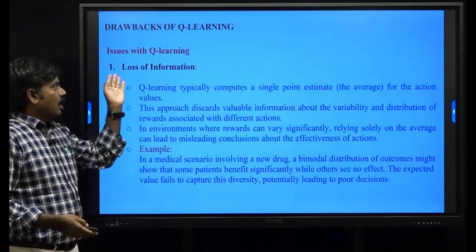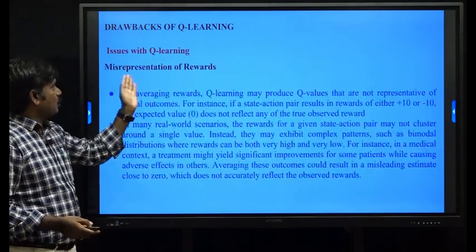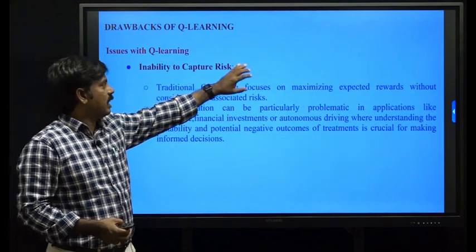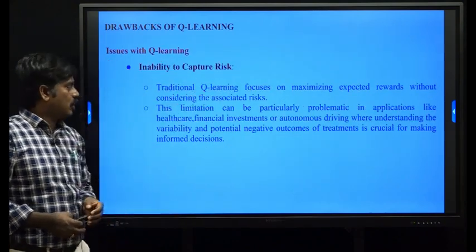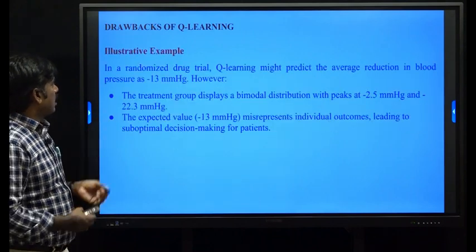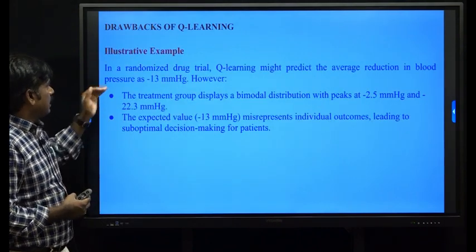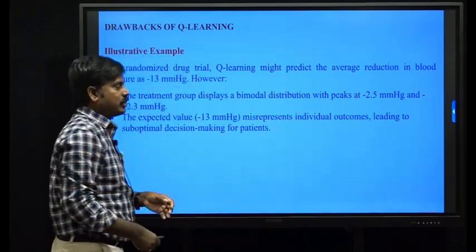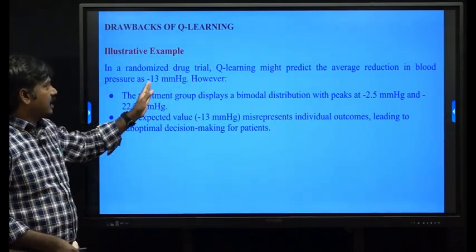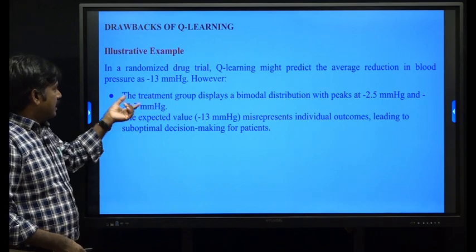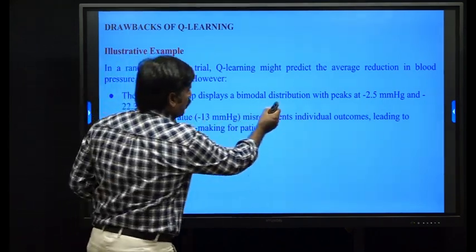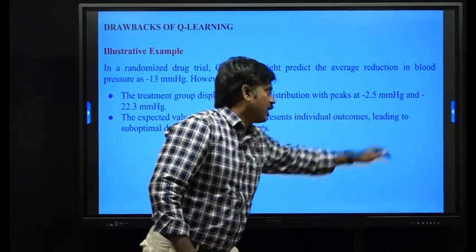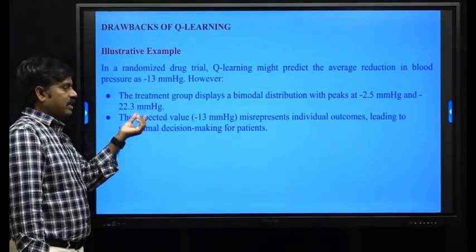First one is loss of information, second one is misrepresentation of rewards, the third one is inability to capture the risk with associated issues. For example, in a randomized drug trial, Q learning might predict the average reduction in blood pressure as minus 13 mmHg. But the treatment group displayed a bimodal distribution with peaks at minus 2.5 mmHg and minus 22.3 mmHg.